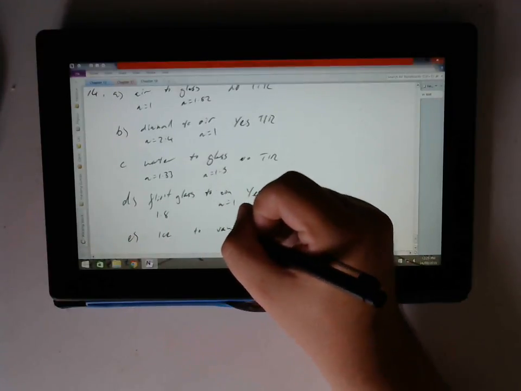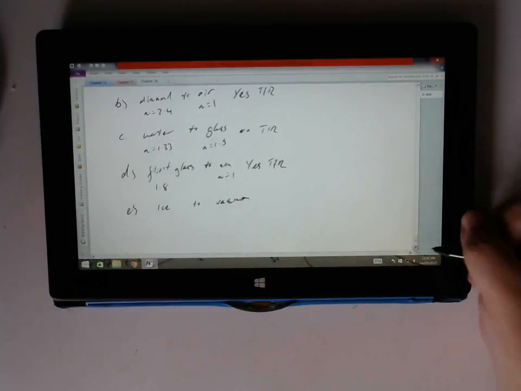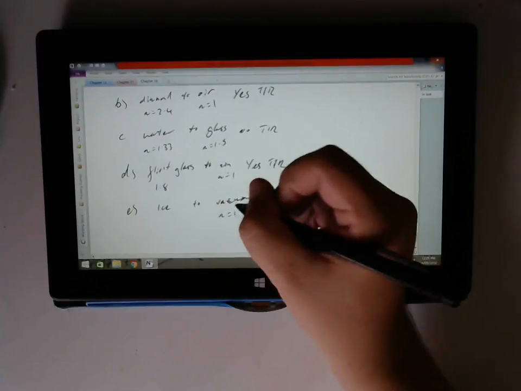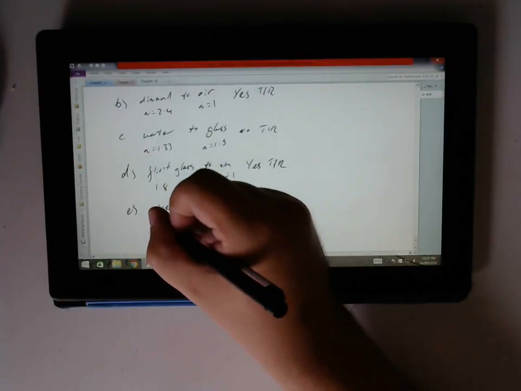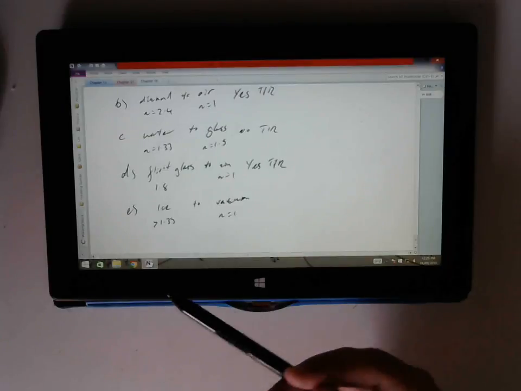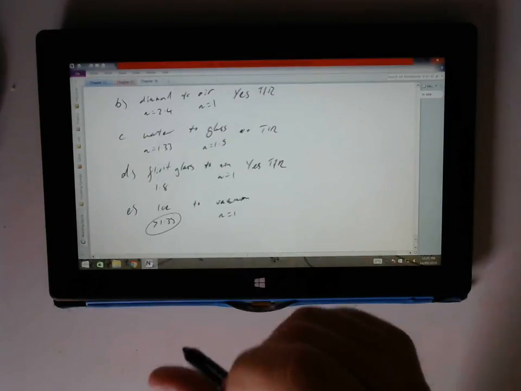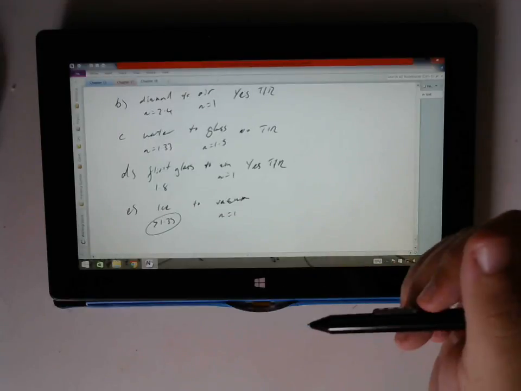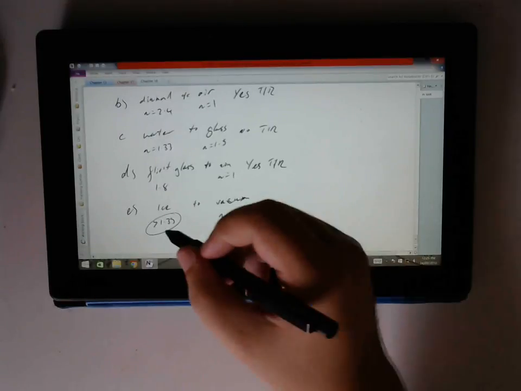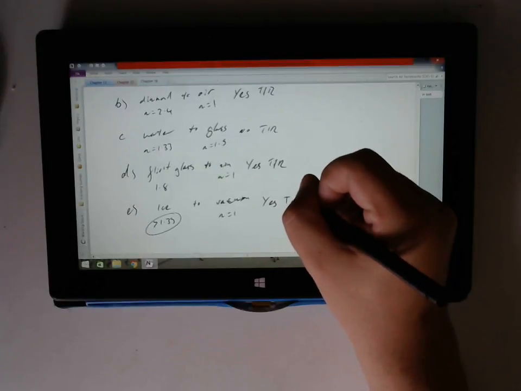I don't know what ice is off the top of my head, but it's just water. So let's just use water's value, because vacuum is n equals 1, isn't it? And ice, let's say it's maybe a bit bigger than 1.3. What I do know, though, is it's not going to be below 1. So this number is a guesstimate, but the fact that I know where it's going doesn't matter. So 1.33, so yes, you could get TIR.